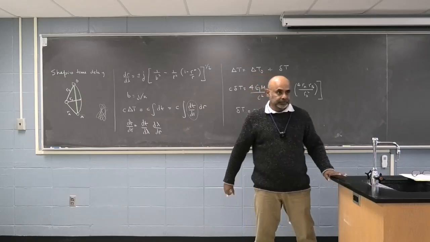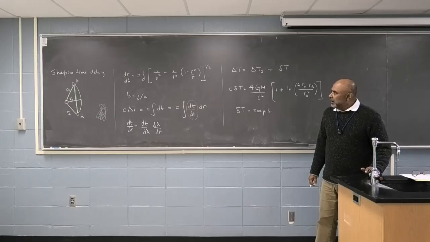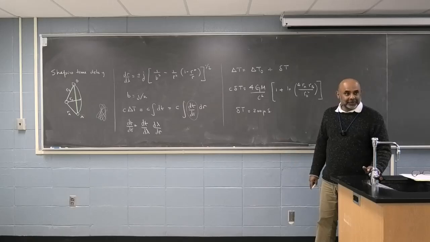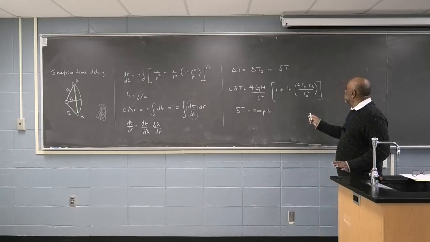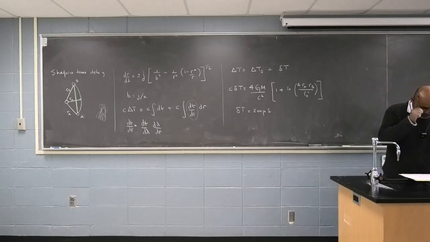Is this not based off of the angle that the sun makes between the two planets? Yes, but that is captured in the fact that we know RA, R0, and RB. So for a specific RA, RB, and R0, it's 200 microseconds, and that will change if RA, RB, or R0 changes, correct?